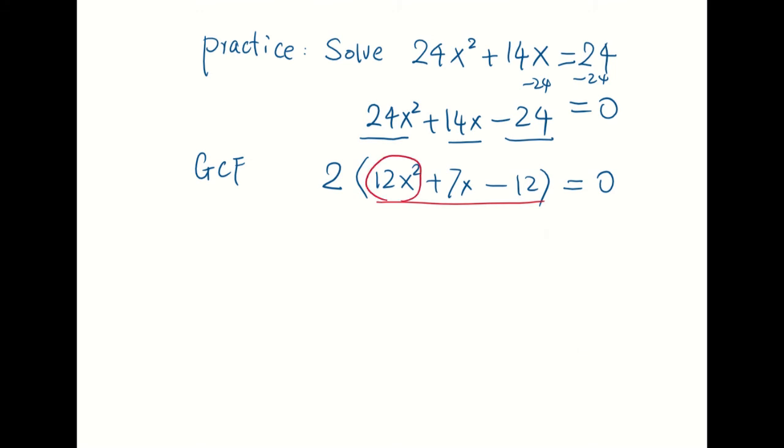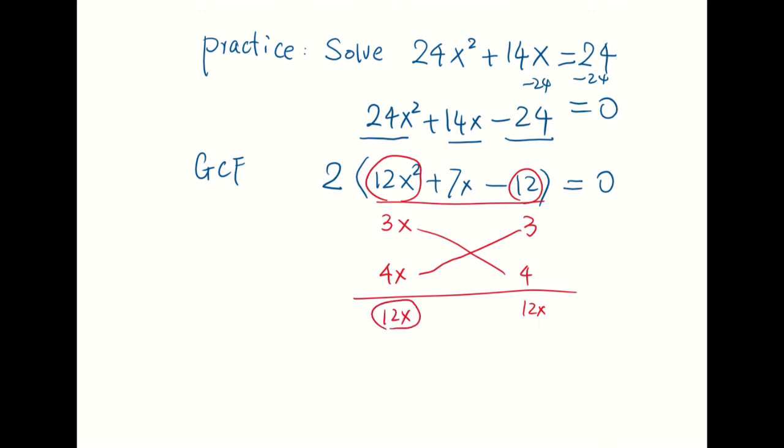Okay, so factor the 12x squared first. I'll factor it as 3 times 4. So 3x times 4x. And factor this 12 here. Let's try 3 times 4. 3x times 4, that's 12x. 3 times 4x, 12x.